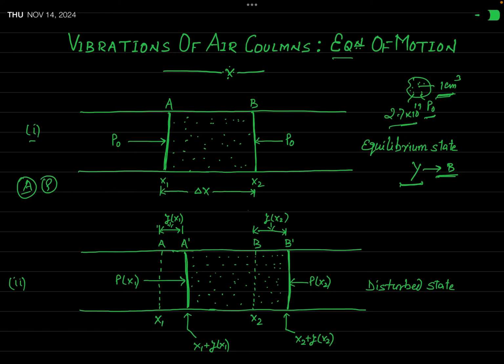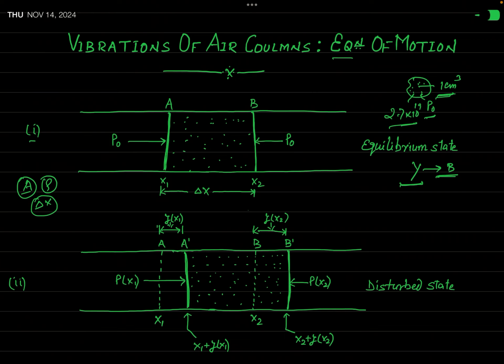We consider that each small element or slice has a length delta x. So this delta x is the length of each element. As you can see in this first figure, I have shown the equilibrium state, the undisturbed state, when the gas column has not been perturbed.